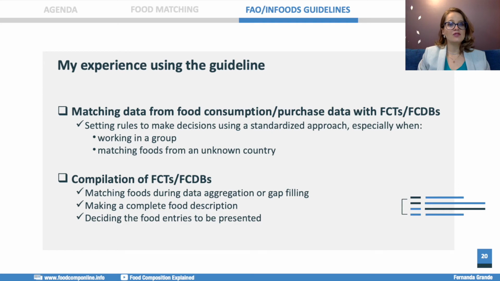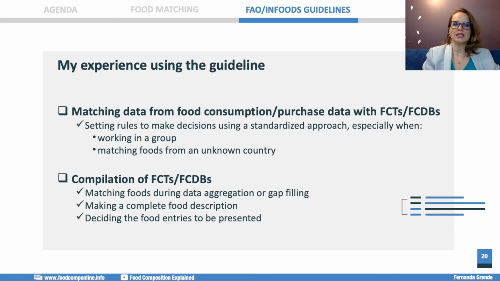And this guideline is very useful for setting rules to make decisions using a standardized approach, and this is really important, especially when we are working in a group, so we have more than one person matching the foods. It's important that they follow the same approach. And also when we are matching foods from an unknown country, it helps us to set rules and also to identify what is important to pay attention to.